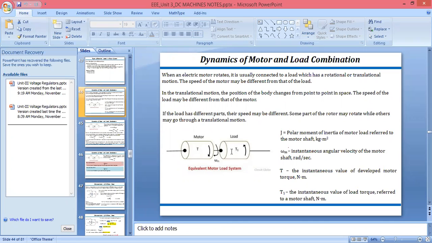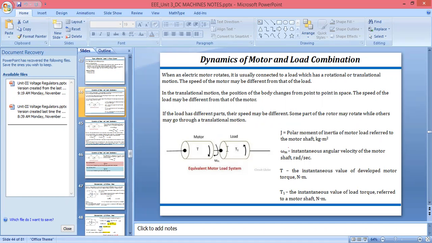If it has low weight, it will start easily, so it will have a higher speed. So when we give electrical energy to the motor, the motor starts to rotate, and the motor is connected to the load, so the load will also start to rotate, and the speed of the motor may be different from the speed of the load.